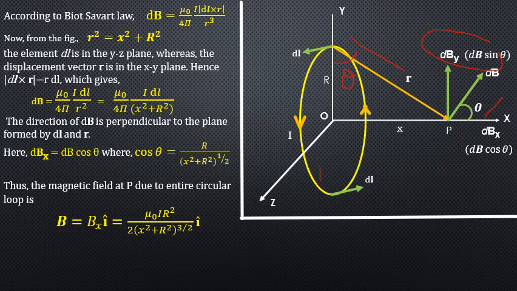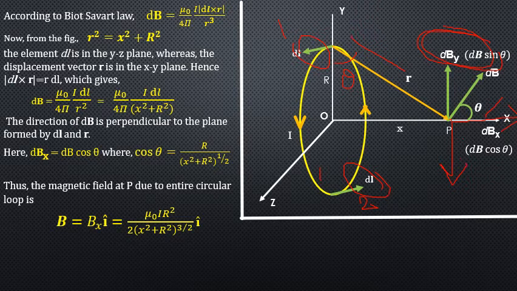So if this is the dB due to the first element, then the dB due to the second element, which is diametrically opposite, will be opposite to it. That is along negative y-axis, while the x component will be in the same direction as the other x component.